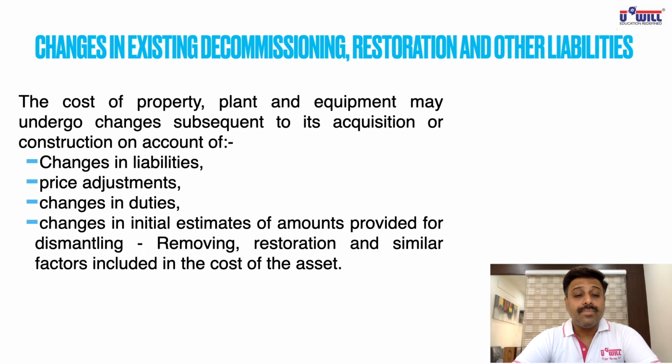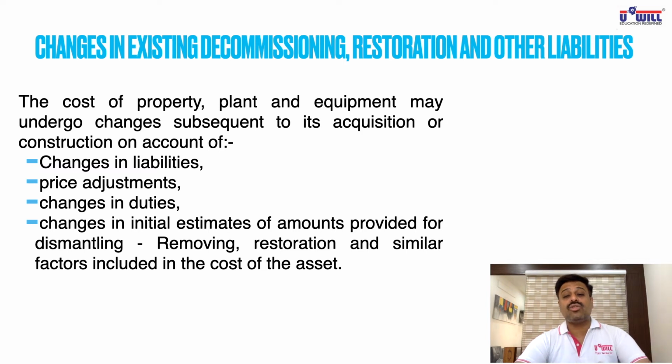Let us see. The cost of property, plant and equipment may undergo changes subsequent to its acquisition or construction on account of a change in liabilities. I gave you the example, change in liabilities generally happens when we import the asset from other countries. Because of change in the foreign exchange rate, your liabilities will also change. Price adjustments, again related to import from other countries, because price adjustments may take place by the other countries' people in future.